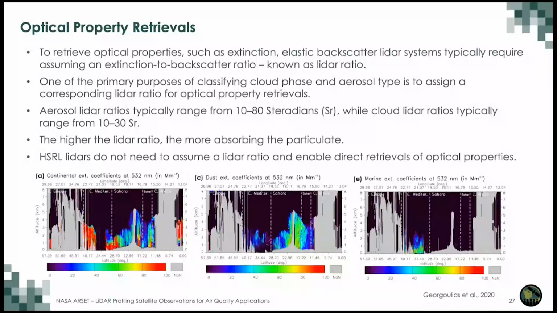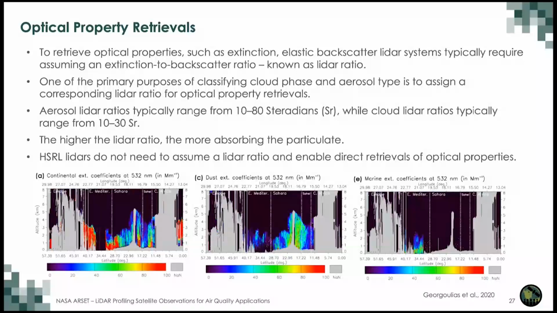Now, for both clouds and aerosols, if we want to get to optical property retrievals such as extinction, for backscatter LiDARs such as CATS and CALIPSO, you often have to assume an extinction to backscatter ratio known as the LiDAR ratio. This is part of the LiDAR equation, which we're not going to get into, but you have to make an assumption about the LiDAR ratio, and that's the purpose of this aerosol typing and cloud phase algorithm.